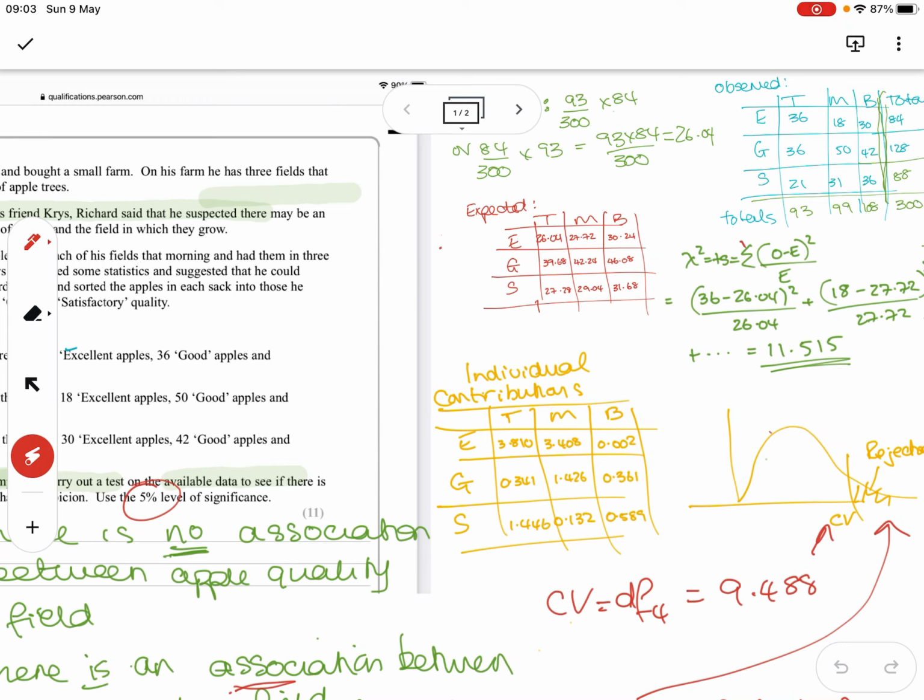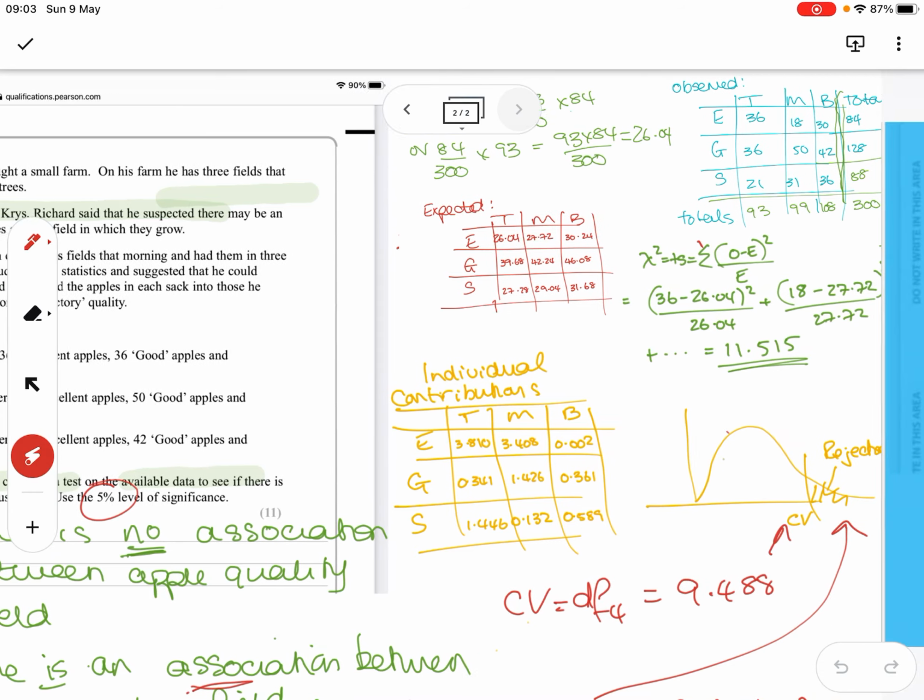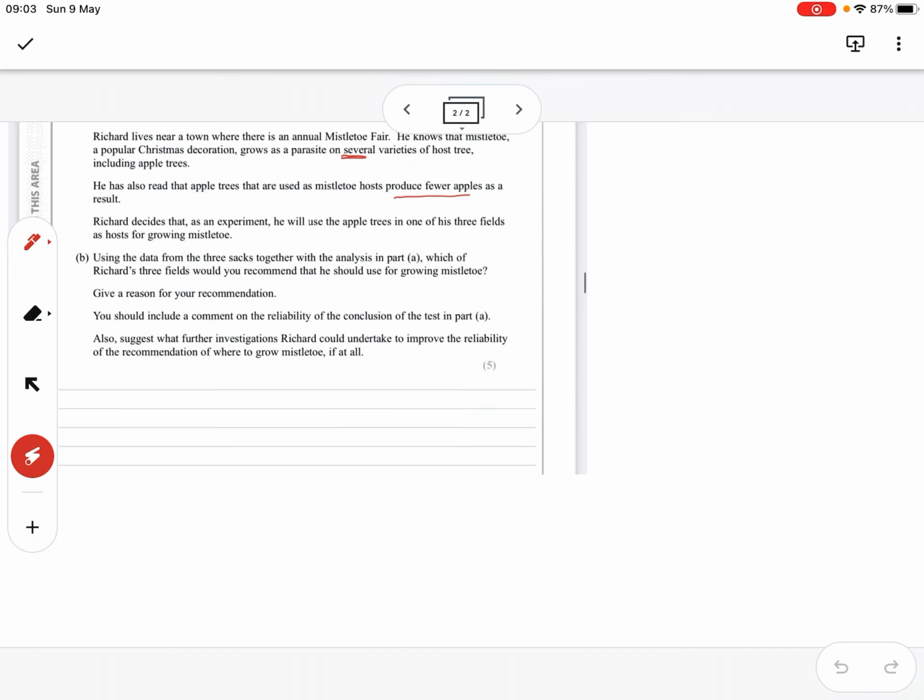So those 2 fields are interesting, and given that a field with mistletoe will produce a lower yield, possibly, from what it says here, perhaps we should recommend the middle field as a lower yield of worse apples. Seems okay, that's fine.